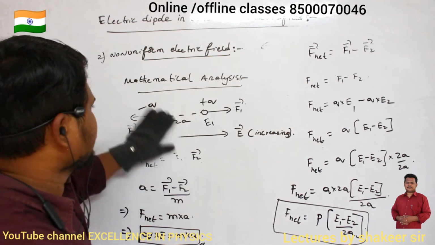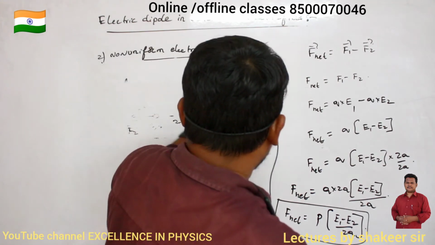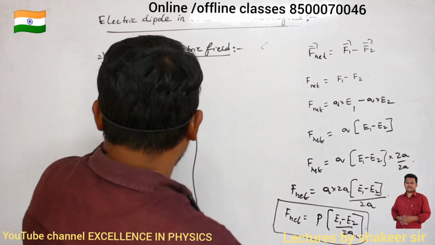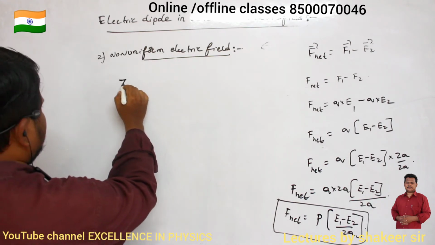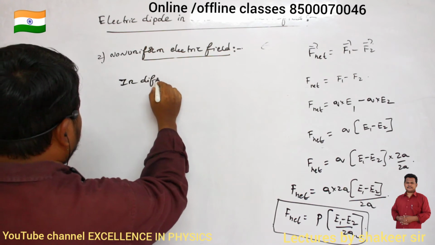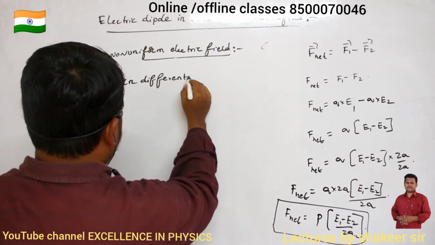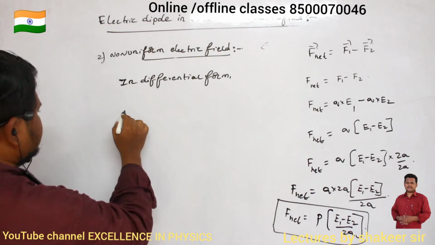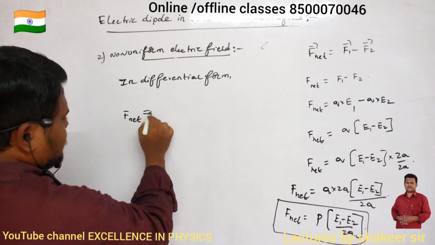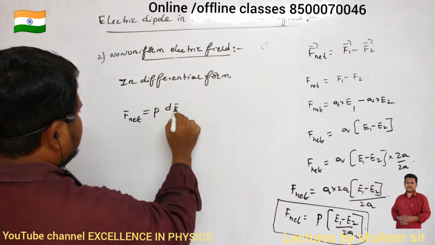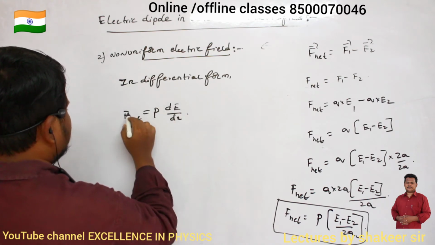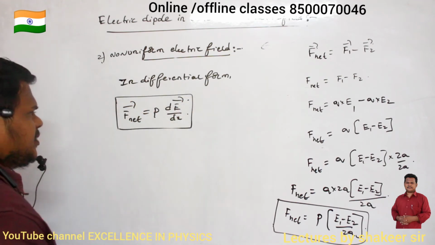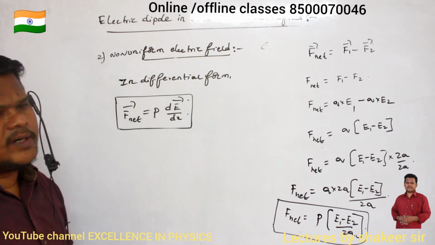Similarly, the same equation can be written in differential form also. F net is equal to P into dE divided by dx.